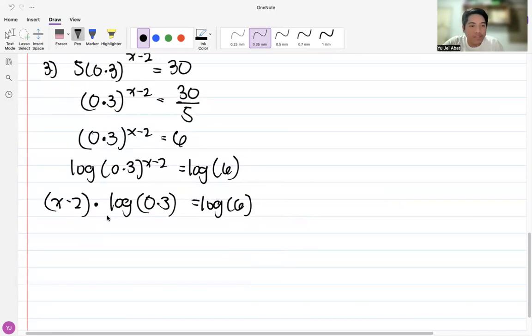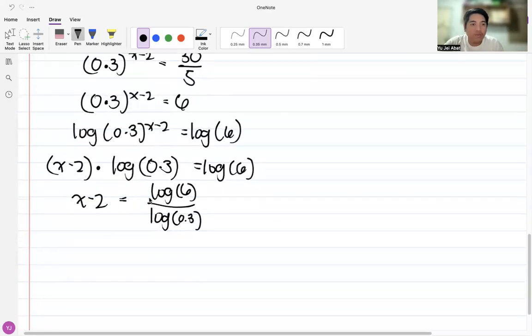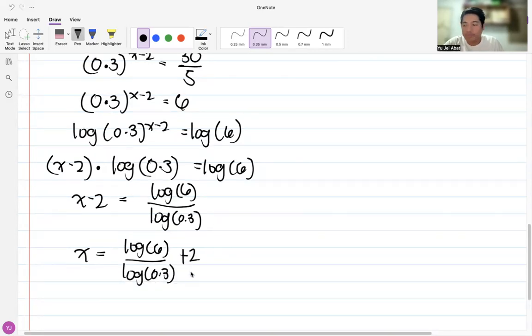First things first, divide both sides by log of 0.3. Transpose negative 2 to the other side. That becomes log of 6 all over log of 0.3 plus 2. Evaluating, this will give you 0.5118.